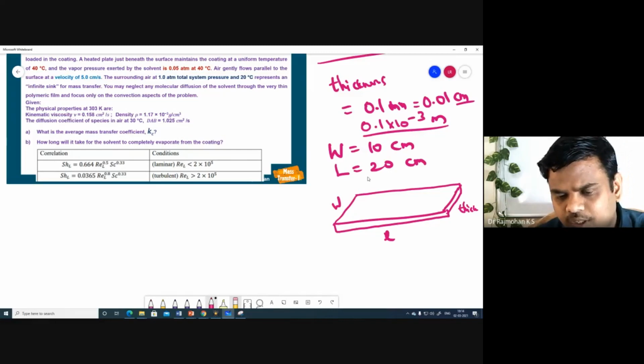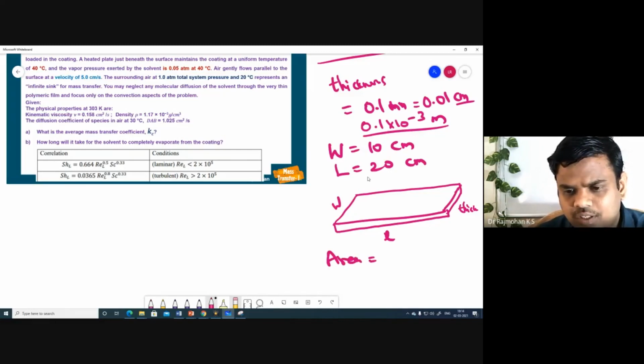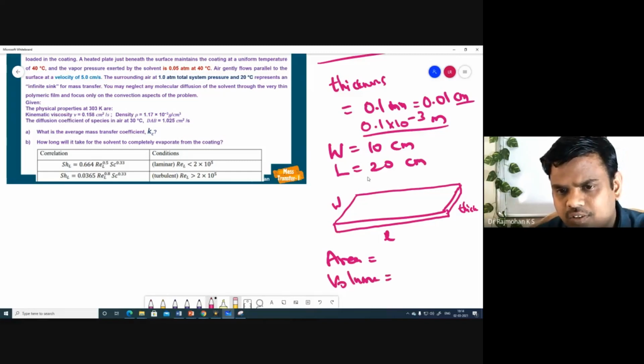Can we tell what is the area of the rectangular slab and what is the volume? Area is W into L, which is 200 centimeter square, or 200 into 10 power minus 4 meter square. What about volume?